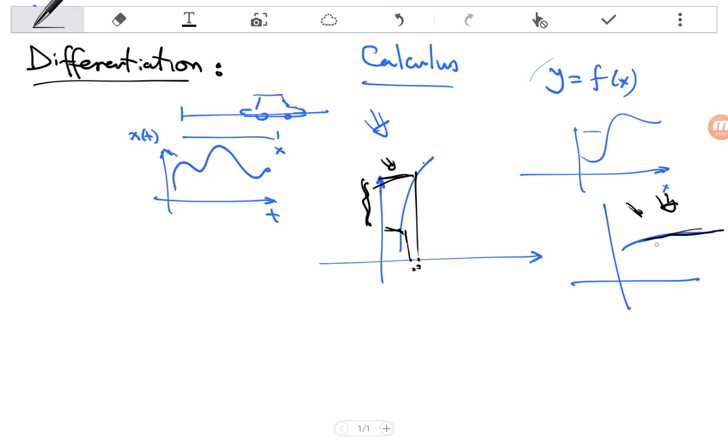As you make changes in the x or in the input, you find that the changes are extremely negligible, not a wide change, not a large change. Whenever I have made a large change in x, I have found a small change in the output. So that is a low change, or a slow change. That is a fast change, and that is a low change, or a slow change.